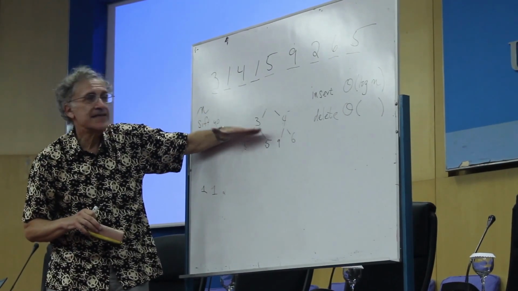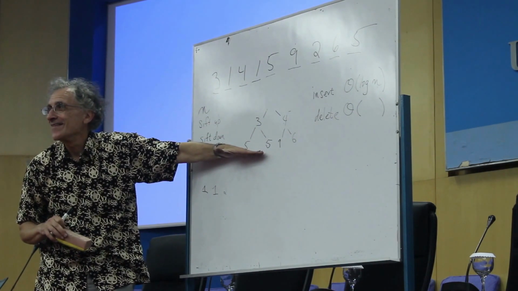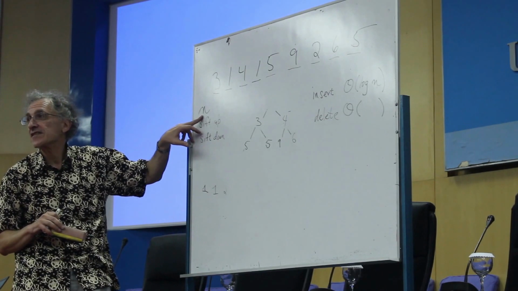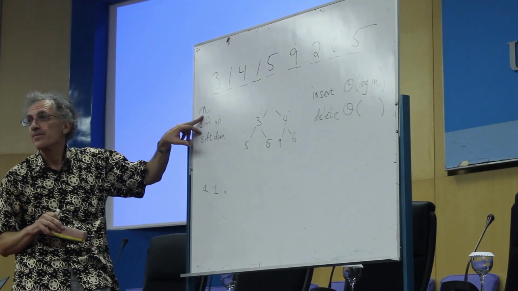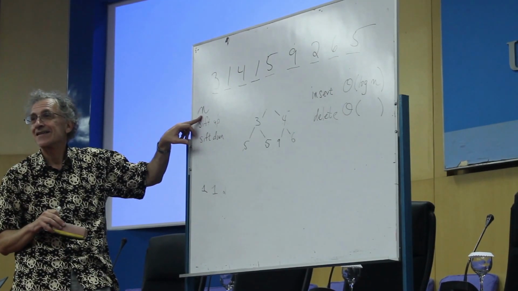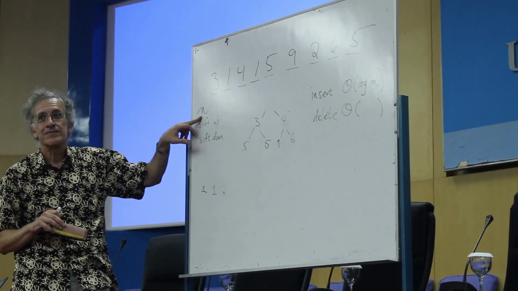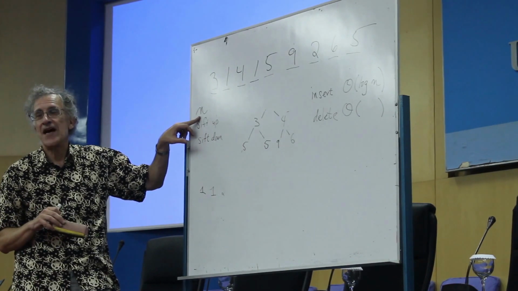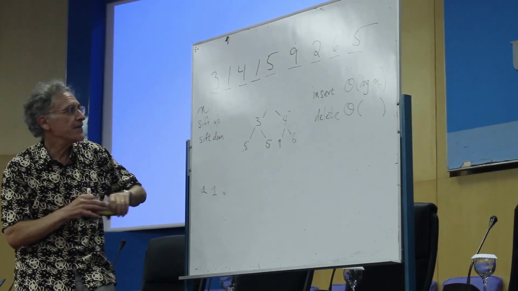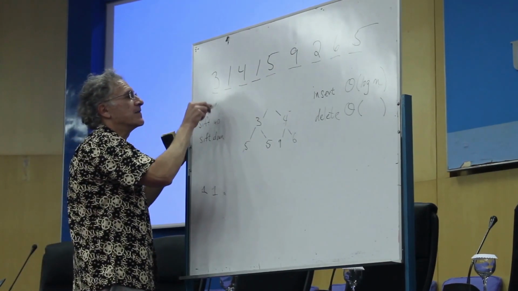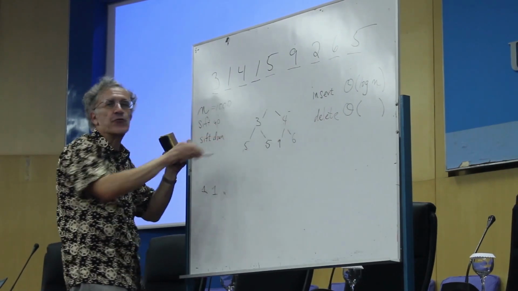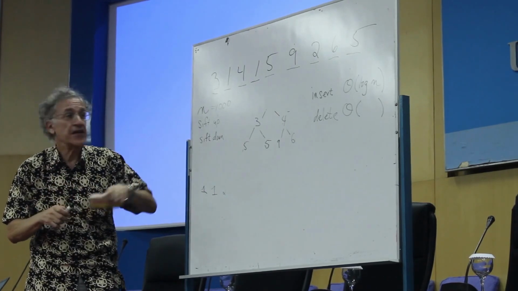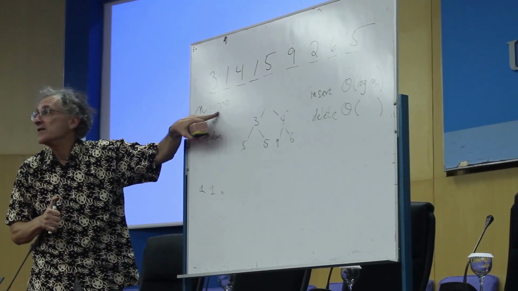How many lantai? Now it's 3, but if I have n elements, how many lantai? Not 3. If n is 1,000, it is not 3 tiga lantai. Berapa lantai ada jika n ialah 1,000?